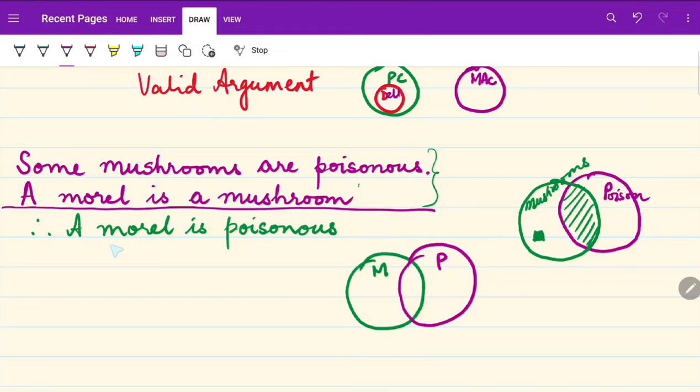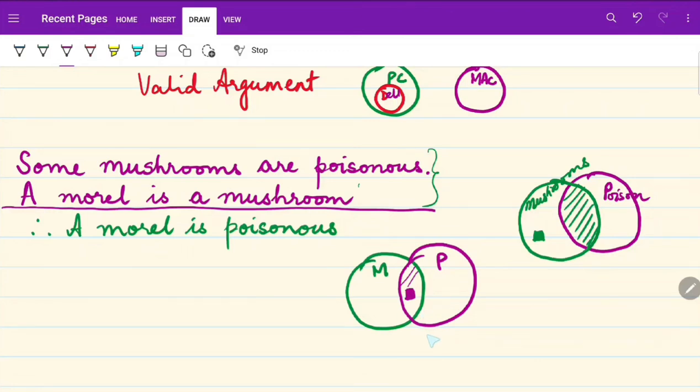So based on the conclusion, the morel should be placed within the intersecting region, correct? Morel should be within the intersecting region, a part of mushrooms, but it should be within the part that also intersects with poisonous items. A morel is poisonous.